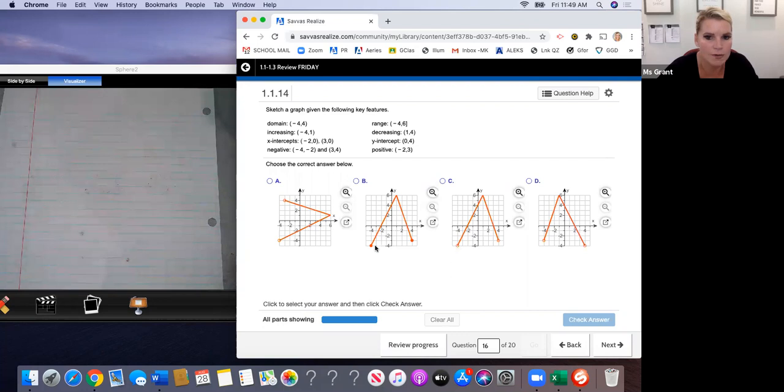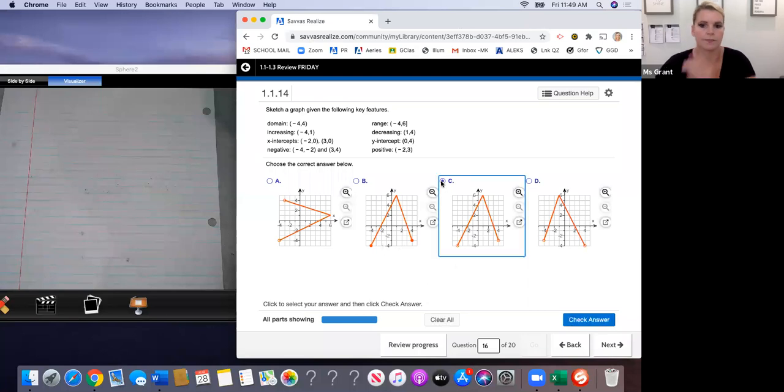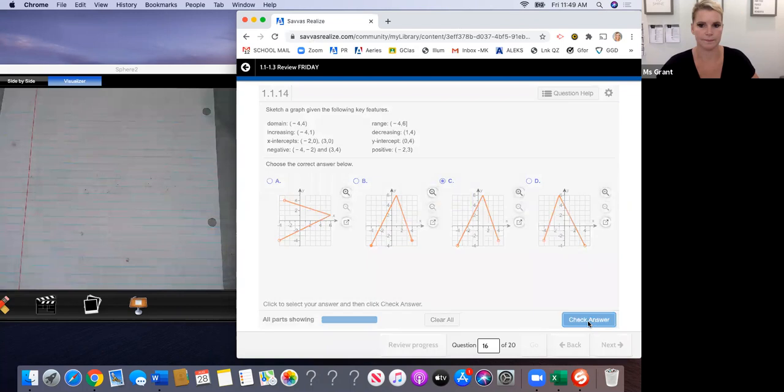Open circle versus closed circle. Parentheses for my range, -4, 6. See how the open circle down at the bottom, -4, was a parentheses. That's why I picked C.